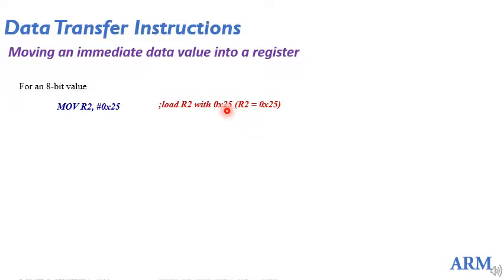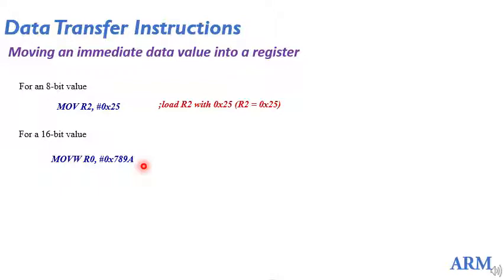If you want to move a 16-bit value, then the instruction will take the form MOVW. This is restricted to moving 16-bit immediate data. So MOVW R0, #0x789A. 16-bit data comprises 16 bits, and each 4 bits correspond to 1 hex digit, so 16 bits correspond to 4 hex digits.